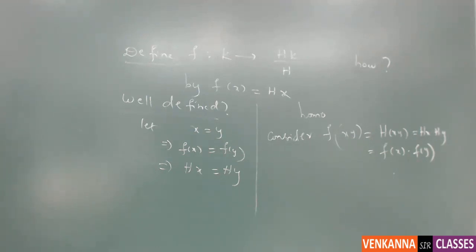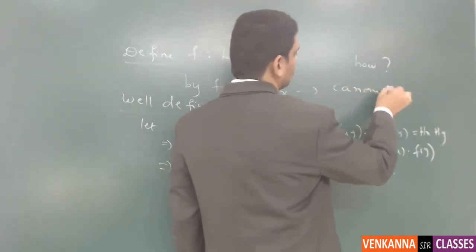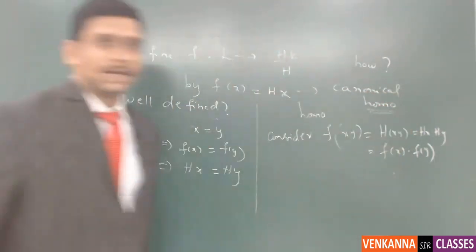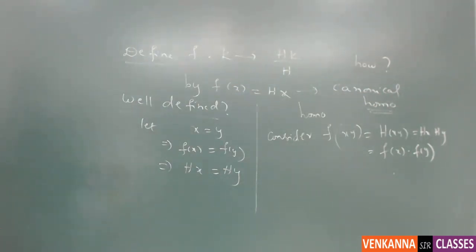If you are interested, you can prove that, because it is of the form of a canonical homomorphism. So there is no need to prove that separately. That's why I am skipping that part.